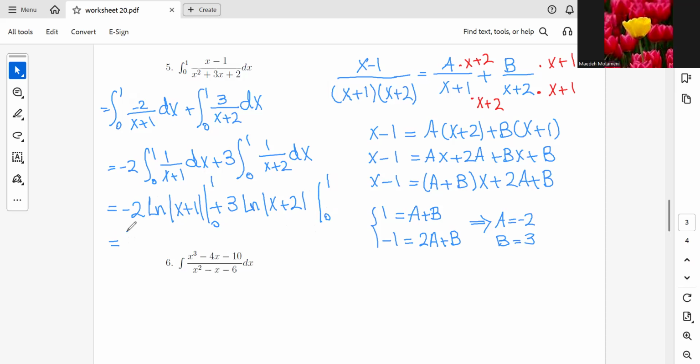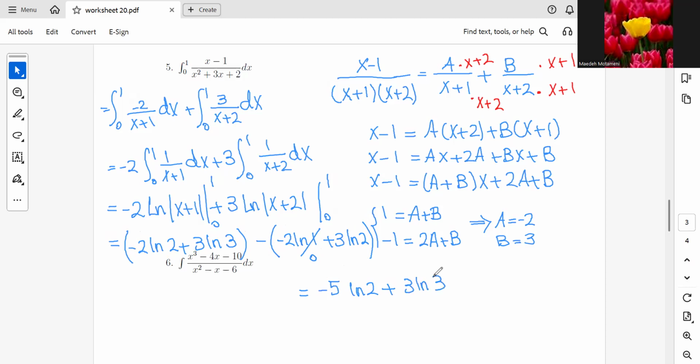So the answer is, if you plug in 1, you get -2 ln of 2 plus 3 ln of 3, minus, if you plug in 0, you get -2 ln of 1 plus 3 ln of 2. We know that ln of 1 is 0, so altogether we would have -5 ln of 2, because -2 is here, and minus 3 would be -5, plus 3 ln of 3, which is the term that is here.